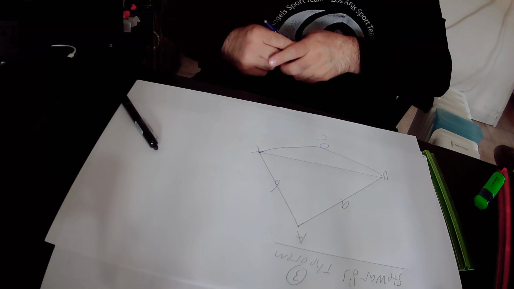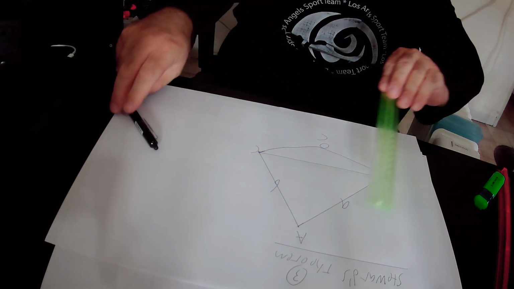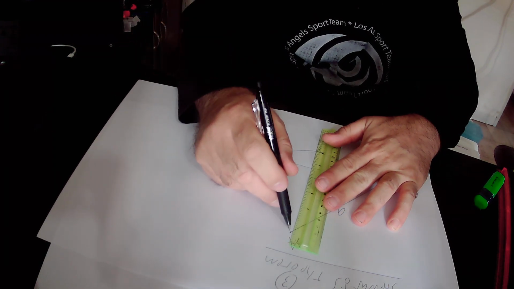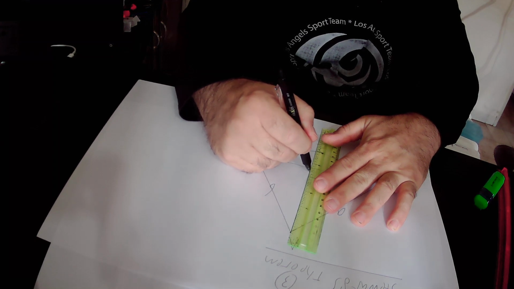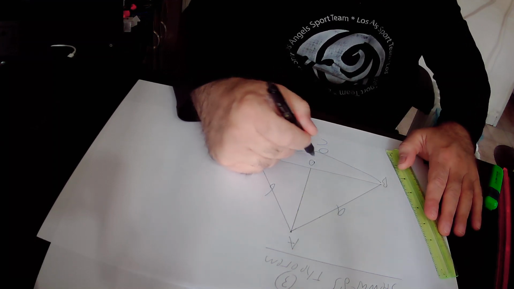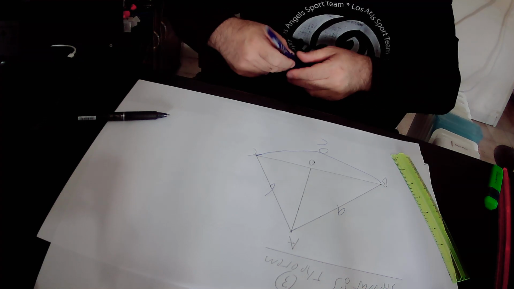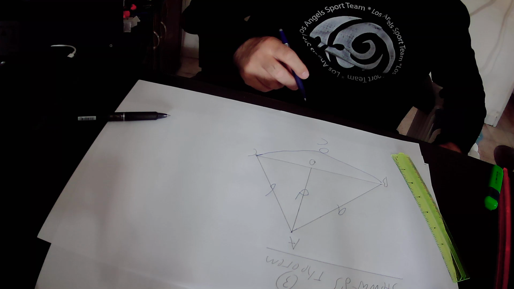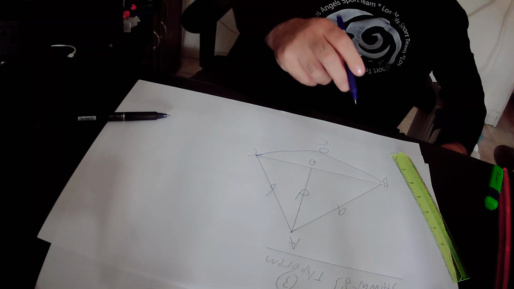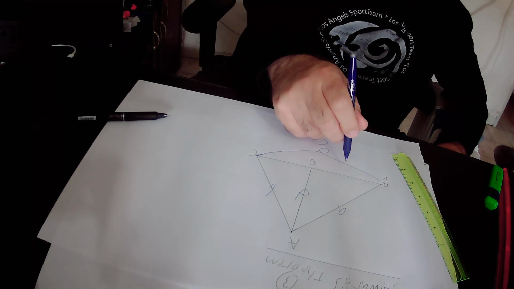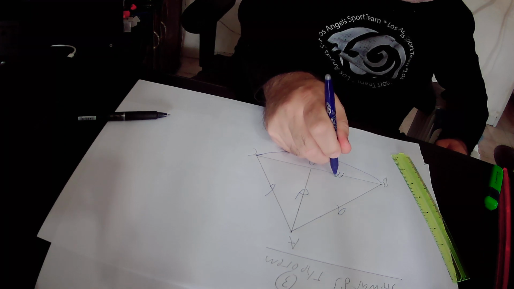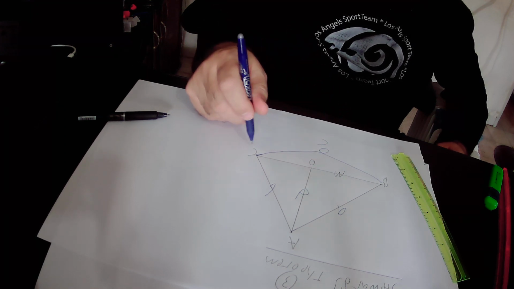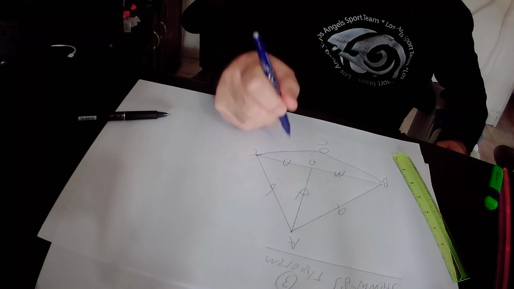In addition, we have here line segment AO that is equal to d units in its length. We also know that line segment BO equals m units in its length, and the line segment OC equals n units in its length.